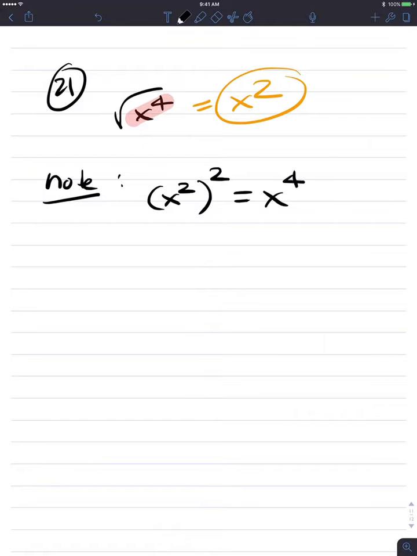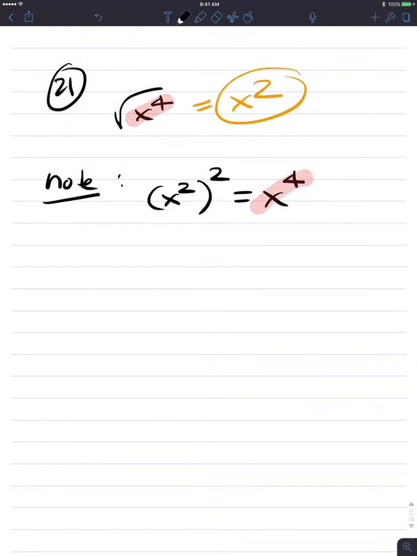Now, I want to give you a note. We can also do this in another way. We know the base x squared raised to the second power, by properties of exponents, we can take our 2 times our 2, and that gave us the 4. This is why we have a perfect square.